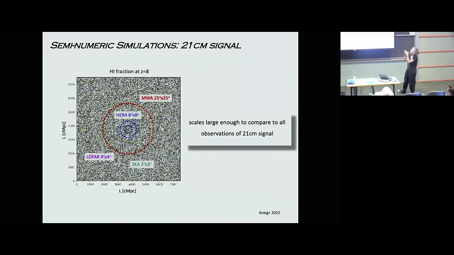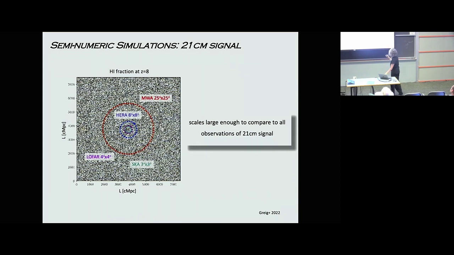So here you have great statistics on all the scales which are relevant for observations, through the whole reionization process. But keep in mind that these sorts of simulations are not really good to study galactic properties, for example. So again, it depends on the problem that you want to address.